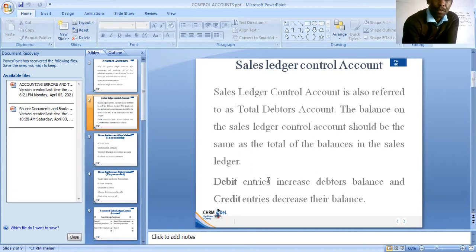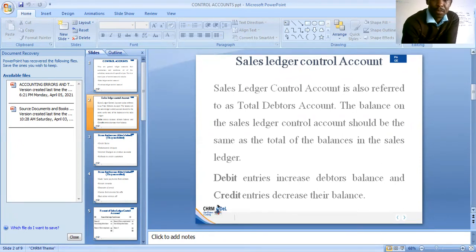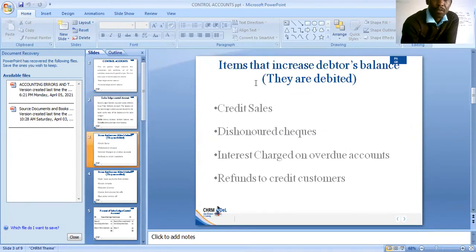Then we have the debit entries, which increase the debtors' balance, and the credit entries, which decrease the balance. For the debtors, debit anything that increases the debtors' amount, credit what is decreasing it. The items that increase the debtors' balance are the credit sales, the dishonored checks, the interest charged on overdue accounts, and the refund to credit customers.